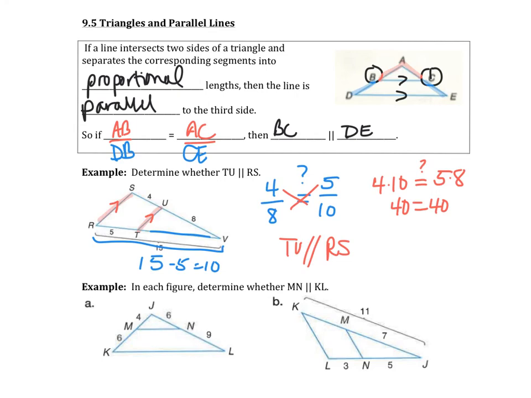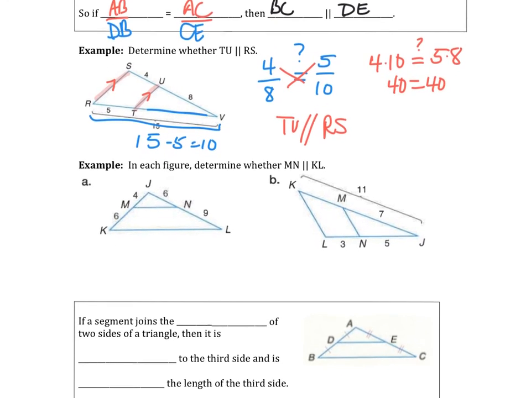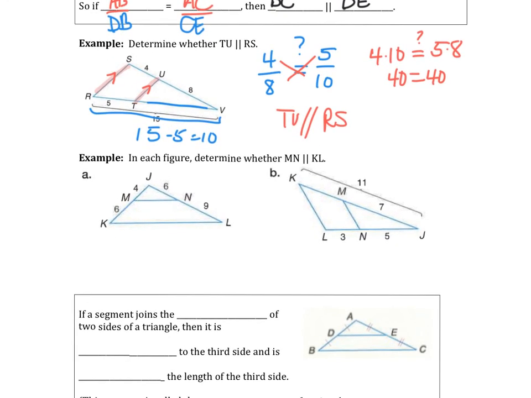Moving down to the next example. Again, we're trying to determine if they're parallel. I'll go ahead and highlight the lines that we want to look at. We're looking at MN and KL. So we're going to set up our proportions. So I'm going to go, again, get the marker. 4 over 6.